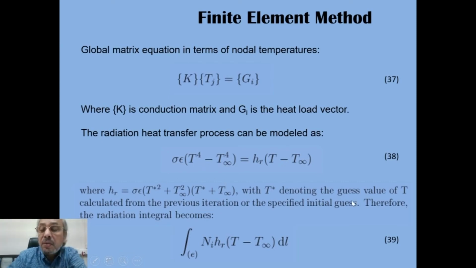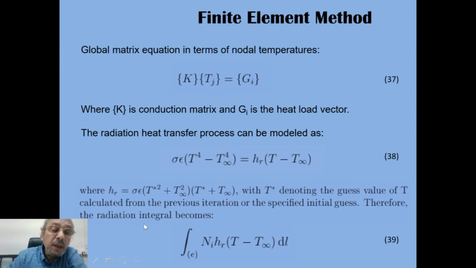So T star denotes the gauge value of T calculated from the previous iteration on the specified initial gauge, and it will iteratively correct till it reaches the final temperature.